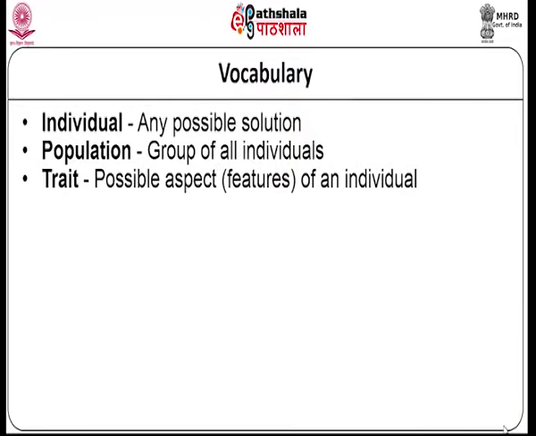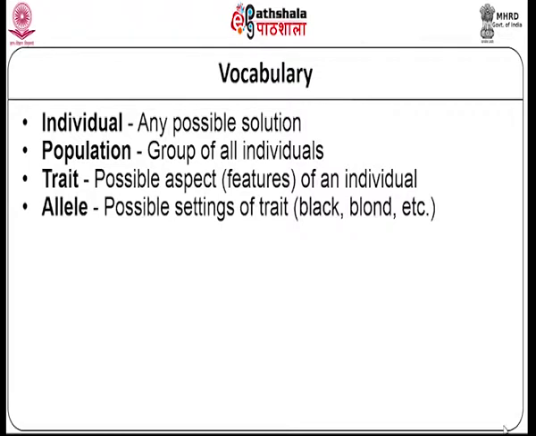A trait is a possible aspect or feature of an individual. So, of a solution, the features are called traits. An allele is the possible setting of the trait, that means the values of a trait. For example, a trait could be color, and the alleles, or the values that the color can take, could be black or blond. Or the trait could be income, and the alleles could be income ranges, less than 10,000, 10,000 to 20,000 and so on.